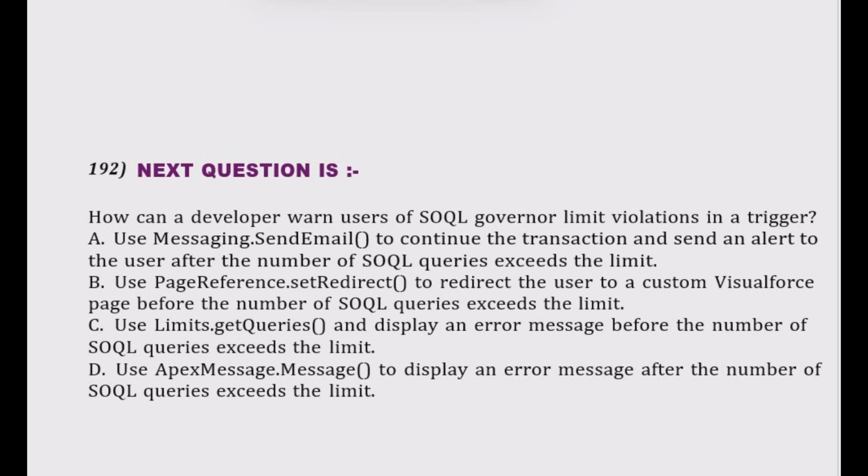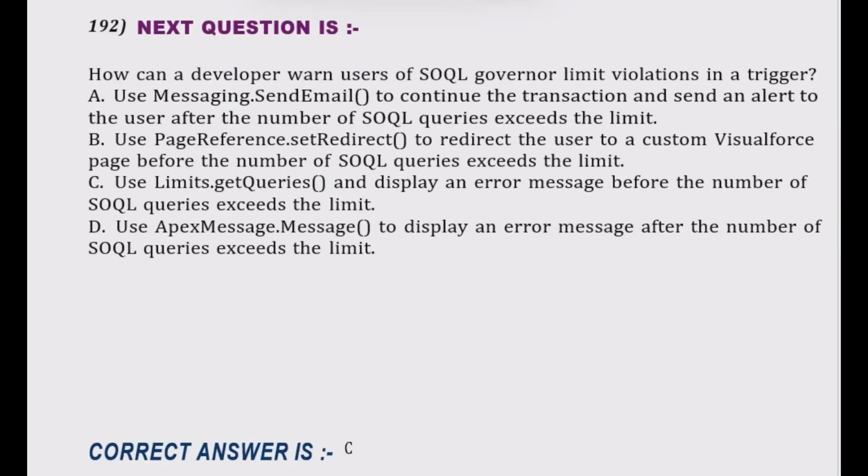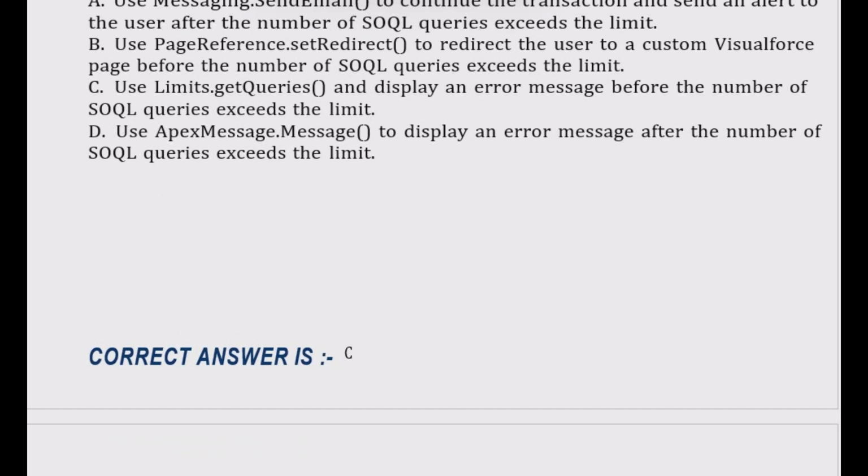Option C. Use the Limits.getQueries function and display an error message before the number of SOQL queries exceeds the limit. Option D. Use the ApexMessage.message function to display an error message after the number of SOQL queries exceeds the limit. Correct answer is option C.